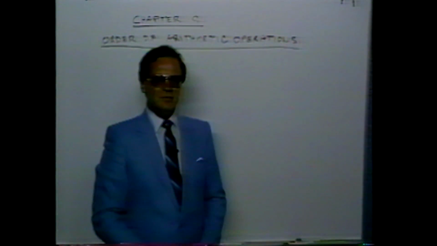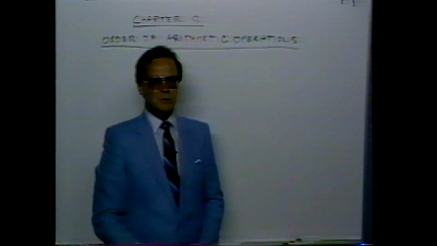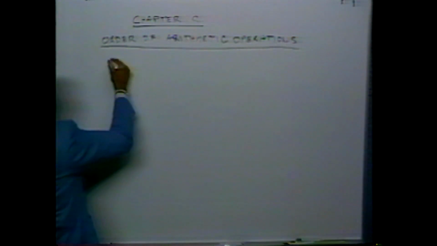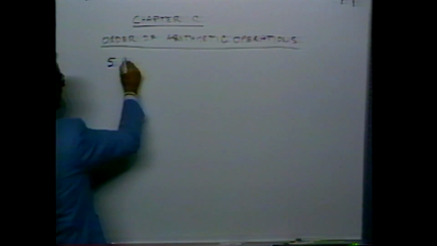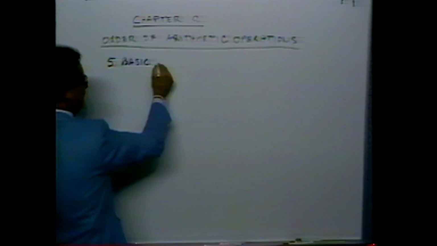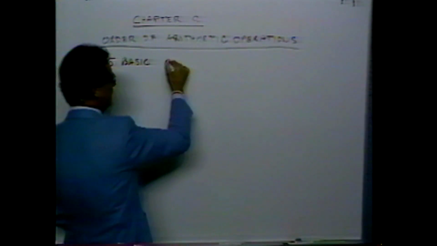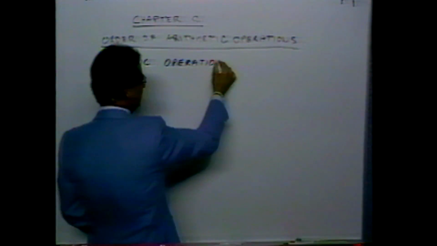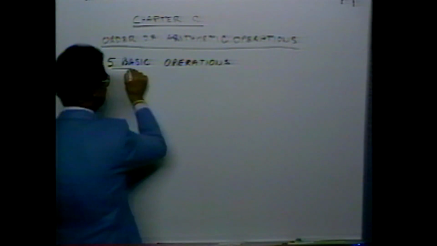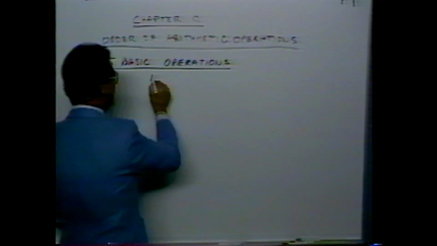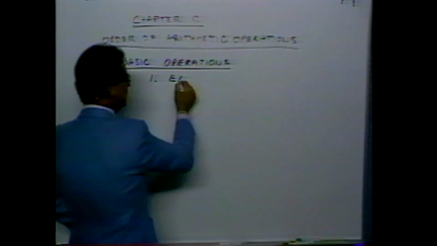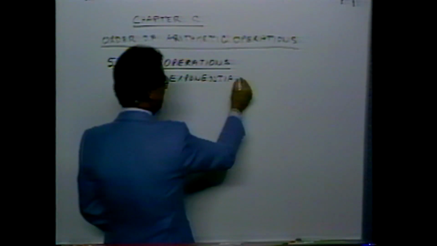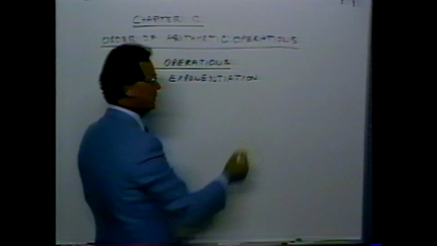There are 5 basic operations of arithmetic, and they are: one, exponentiation.